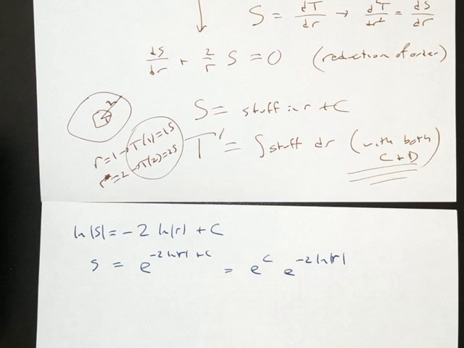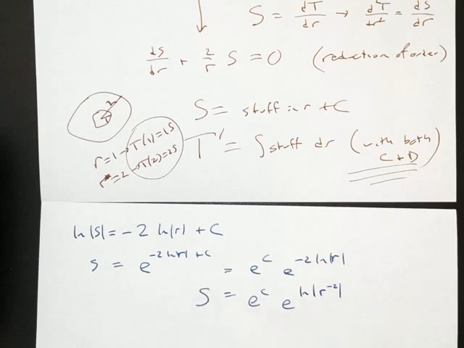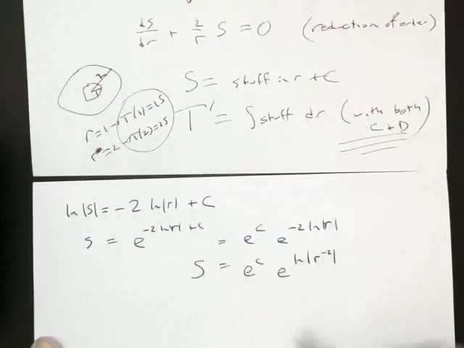What do I do with a number in front of a logarithm? Ready? e and ln cancel. You're welcome. And why did I get rid of the absolute value?